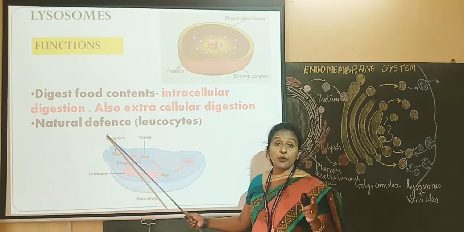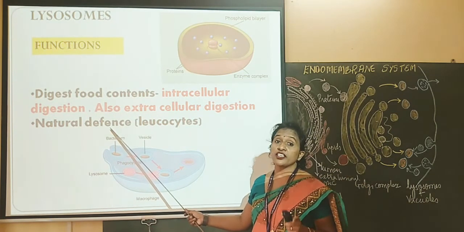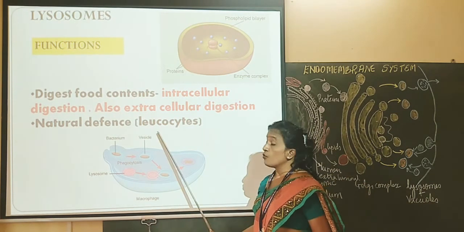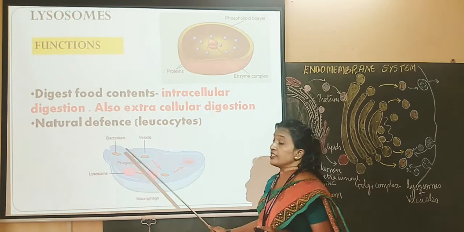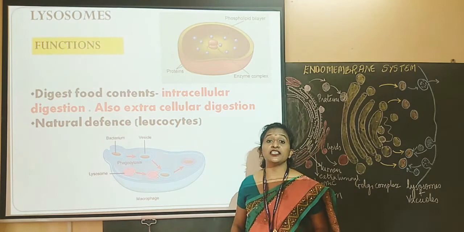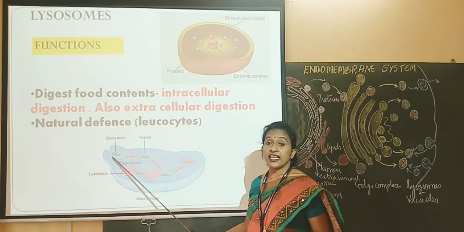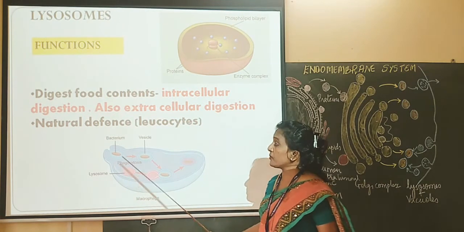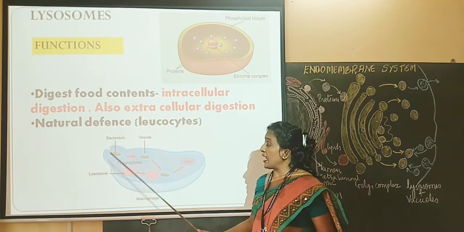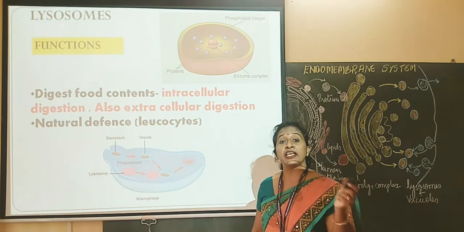They play a very important role as body defense or natural defense. One example is white blood cells or leukocytes, wherein the lysosomes combine with the phagosome. As I have said, phagosomes are the bodies formed by the plasma membrane, and these bodies will have any foreign body.